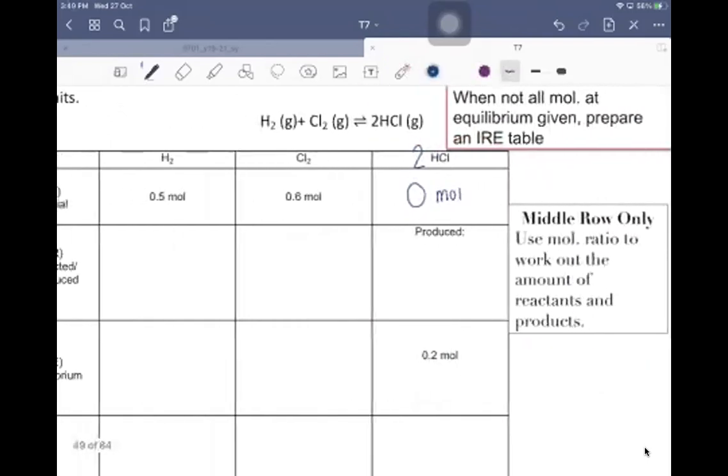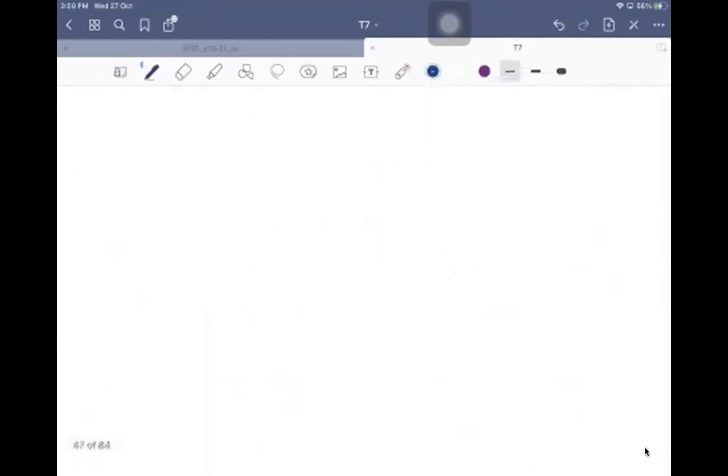I will write down number 1 so you know where to start. First, I will work out the number of moles produced using this equation. Equilibrium for product is equal to initial plus produced, I plus P, from here.